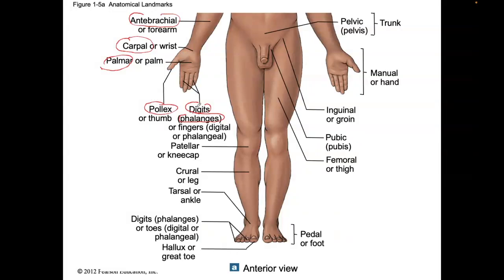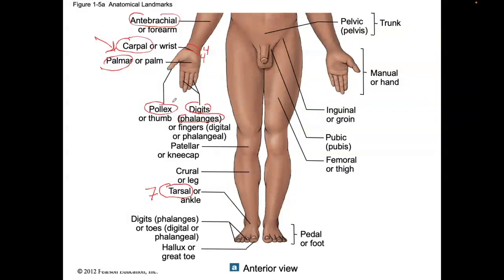Okay, now let's skip down to the foot for a second. Notice the hand had carpals, and there are 8 carpal bones. They're divided into 2 rows. Each row has 4 carpal bones. In the ankle, we have tarsal bones, and we have 7 tarsal bones.